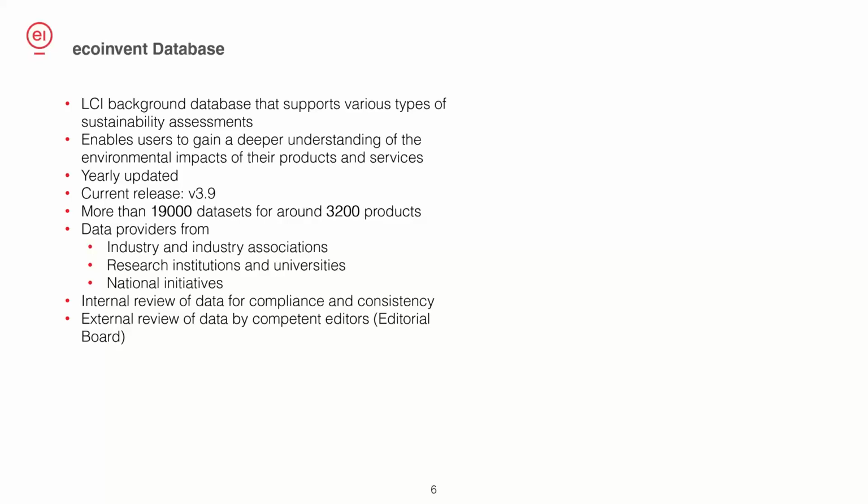The data go through an intensive internal and external review process. Internally, they are reviewed many times for compliance and consistency, and externally, they are reviewed by competent editors to make sure that the data are accurate and of the best quality.